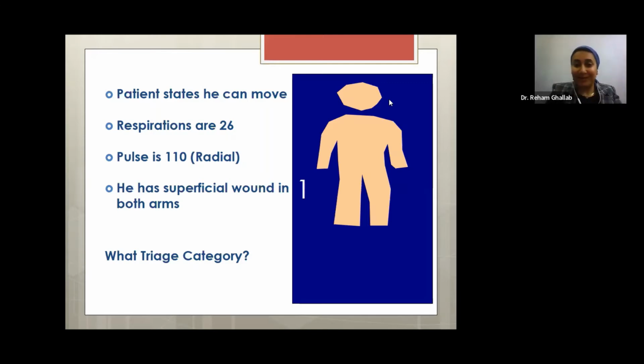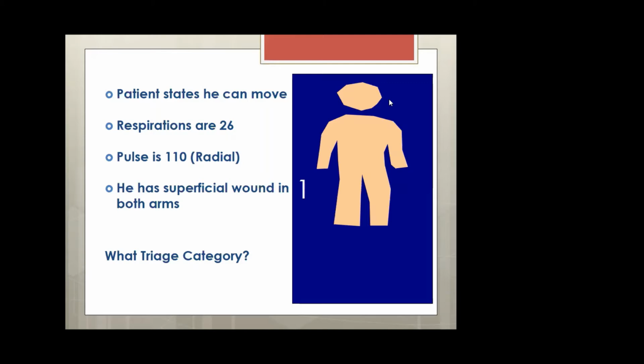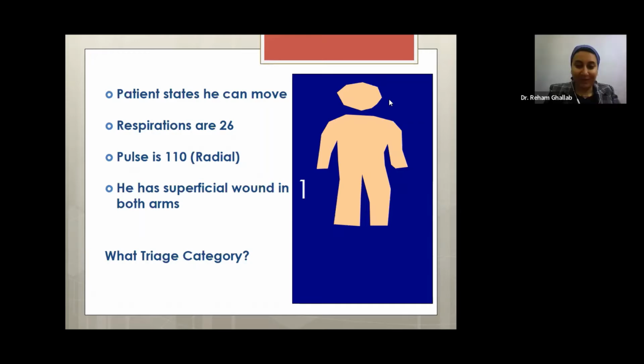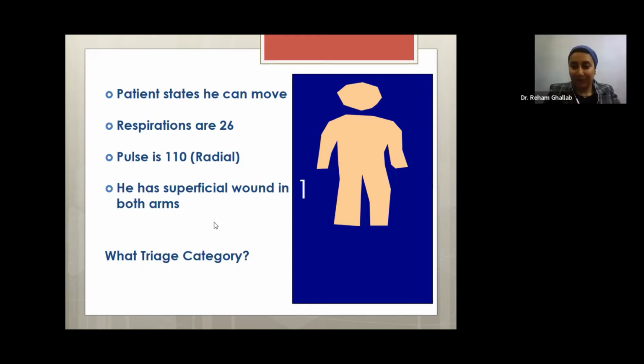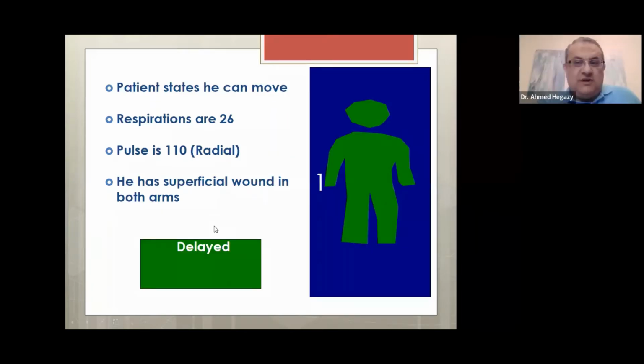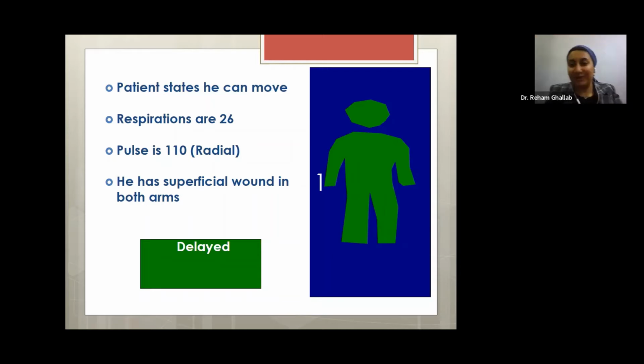Why? Because he can move. The first one, he can move. The other thing is the respiratory rate of 26 is okay, and also the pulse is okay. Excellent, Dr. Mona. Thank you so much.